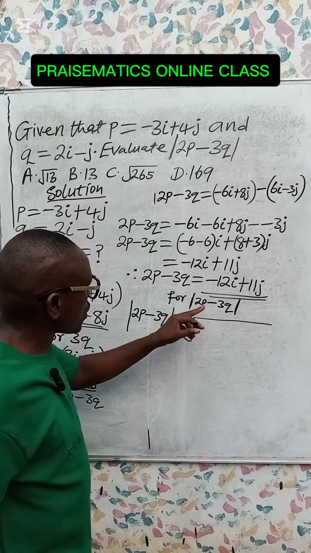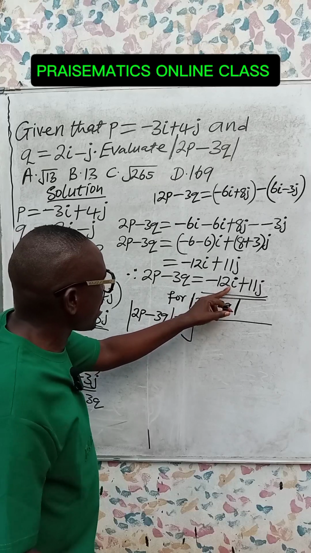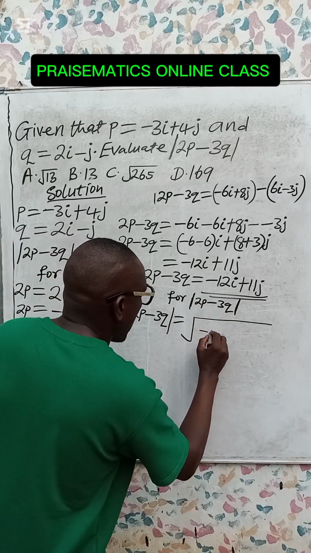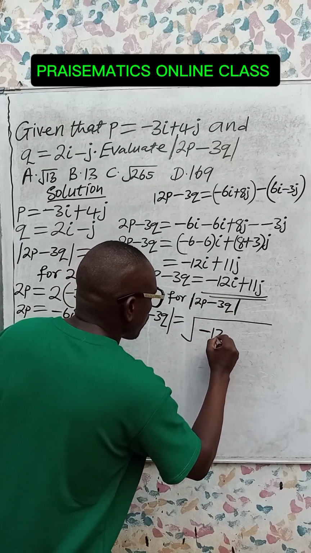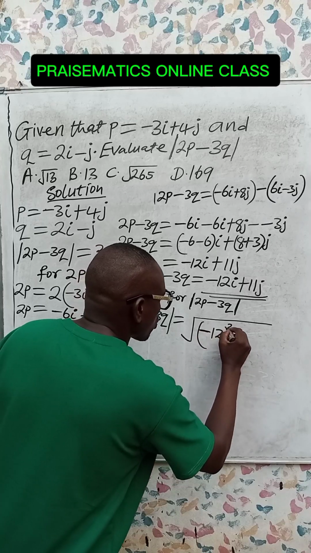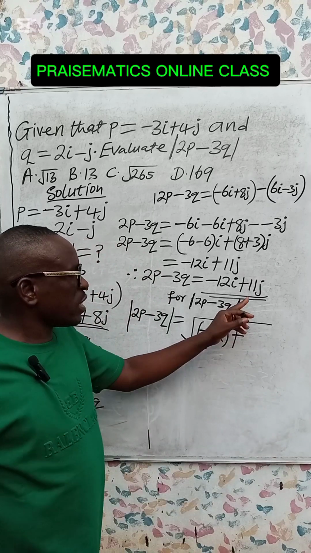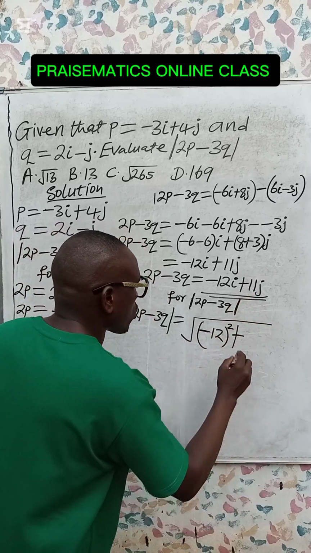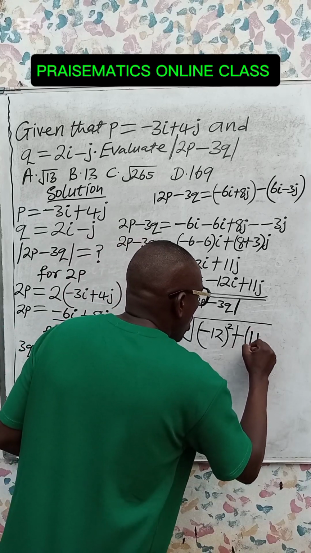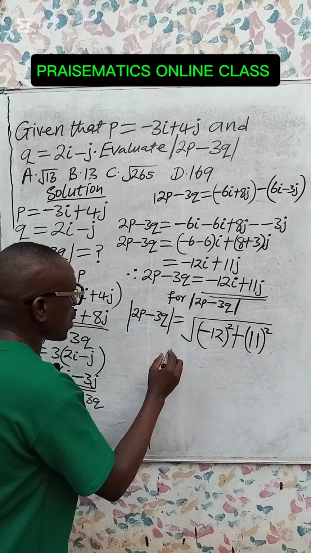The coefficient of i here is minus 12, all squared, plus the coefficient of j there, which is 11, all squared.